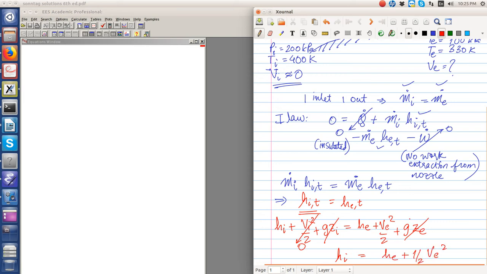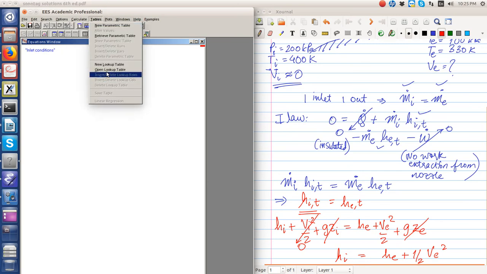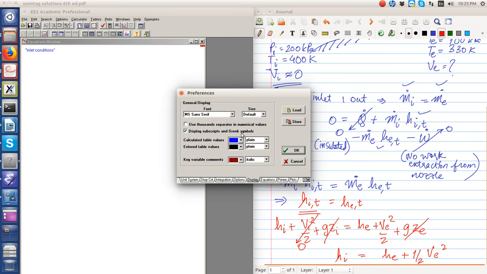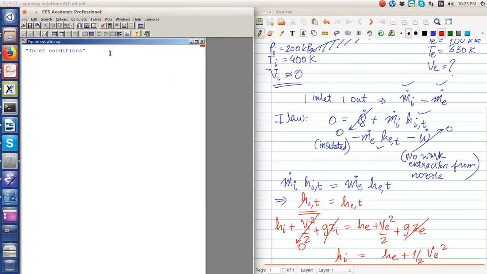It's a very simple problem. So the inlet conditions, let me just increase the font. Options, preferences, display, Courier. So the initial conditions: Pi is equal to 200 kilopascal, Ti is equal to 400 Kelvin, Vi is equal to 0.